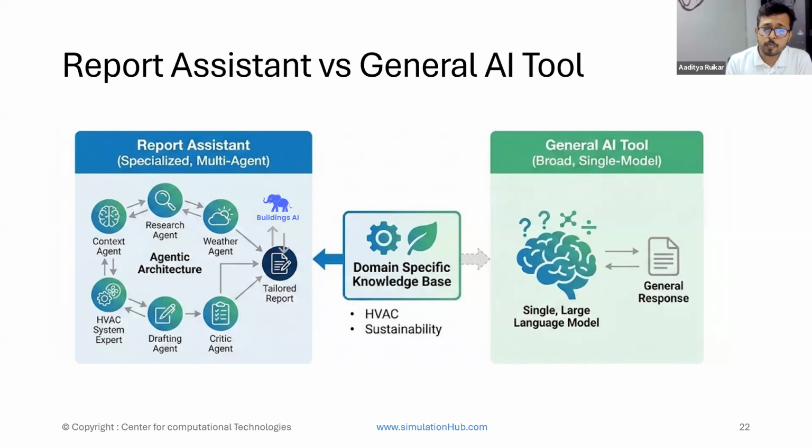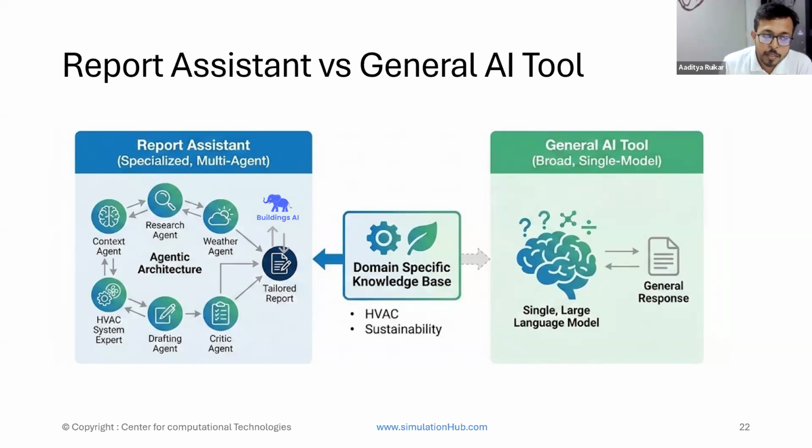For every section of the report, we have a different agent. For collecting weather data, we have a different agent. For researching through the different codes and standards, we have a research agent. We have a context agent, which goes and understands design intent and requirements, and then shares that with the research agent or weather agent to collect information.